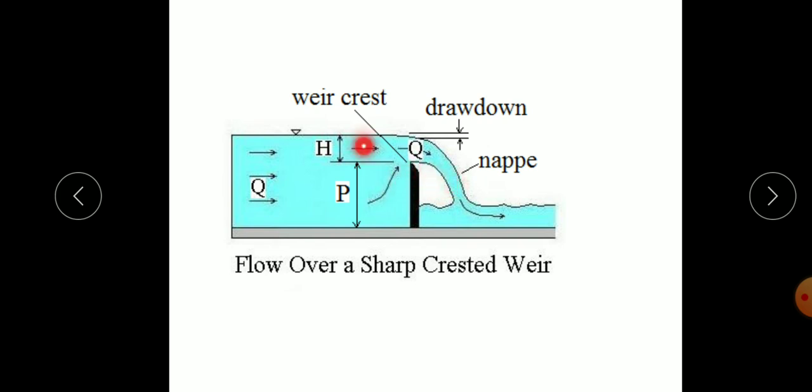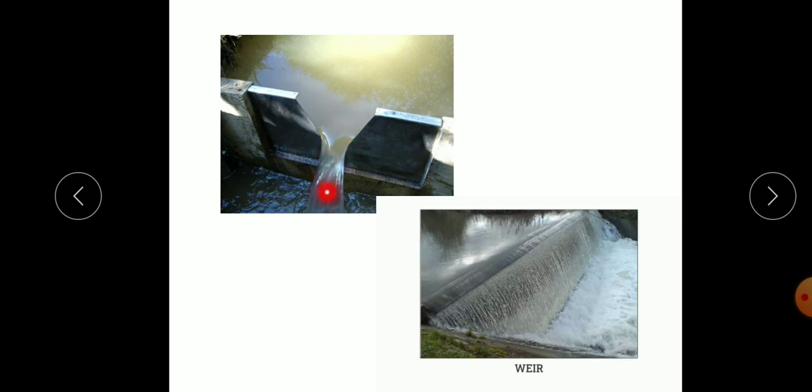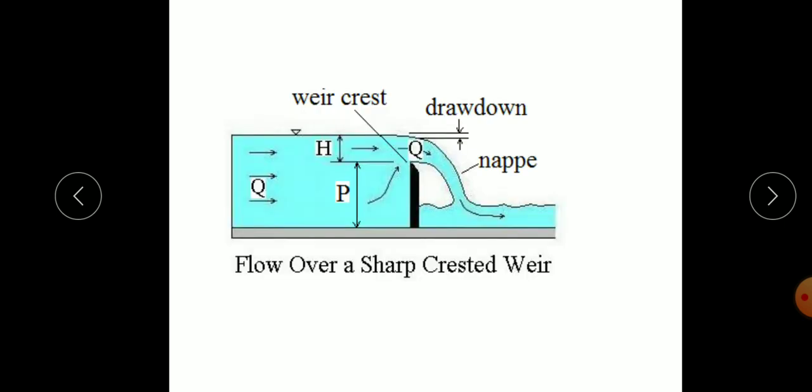The sheet of water formed over the crest is called the nappe. This is called the drawdown, where the head is more and the flow takes place on the open side, the drawn down side.